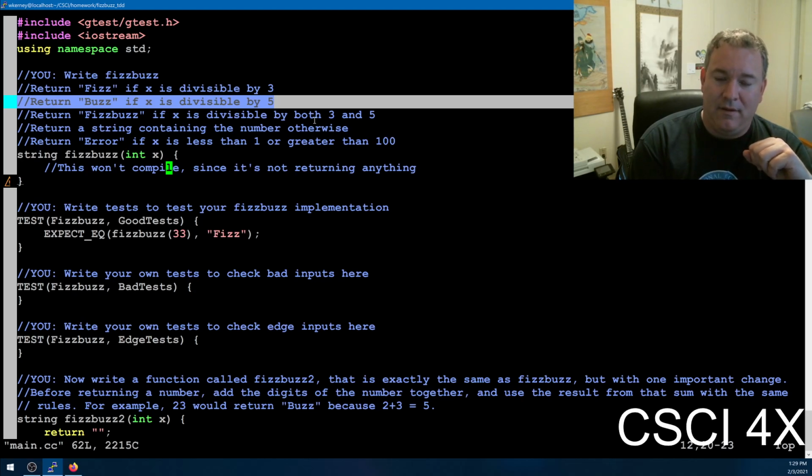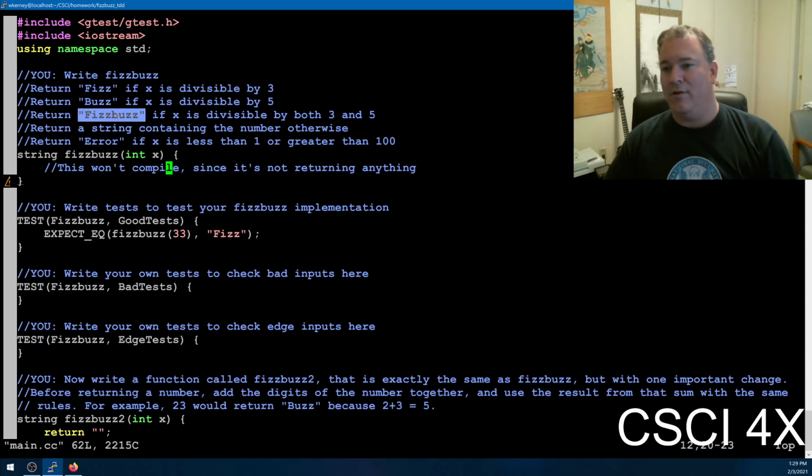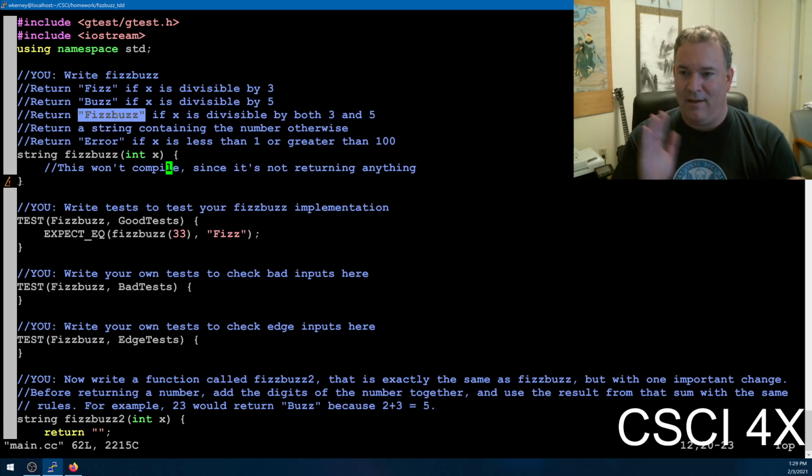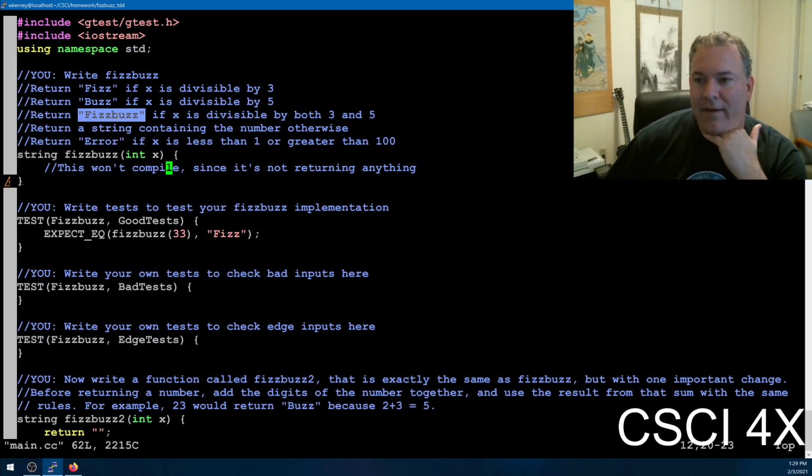And if the number is divisible by 3 and 5, like 15, 30, 45, then instead of saying fizz or buzz or the number, you say fizzbuzz. And so it goes like this: 1, 2, fizz, 4, buzz, fizz, 7, 8, fizz, buzz, 11, fizz, 13, 14, fizzbuzz. Right? And that's how it goes.